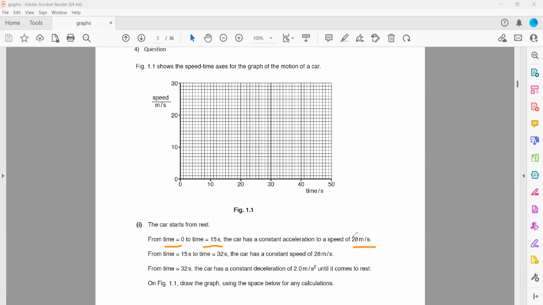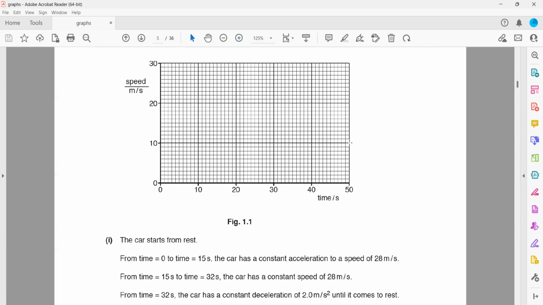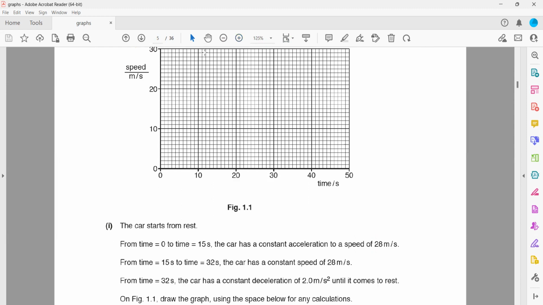So the car reaches a speed of 28 in the first 15 seconds. So when we mark the axis, this is 10, 11, 12, 13, 14, and 15. This one is representing 15.